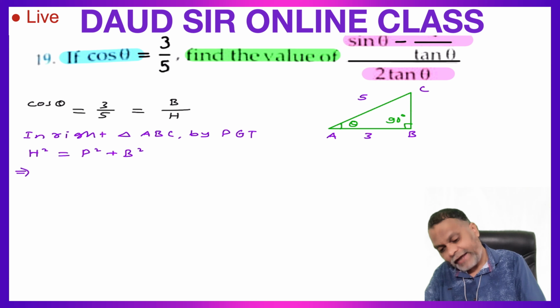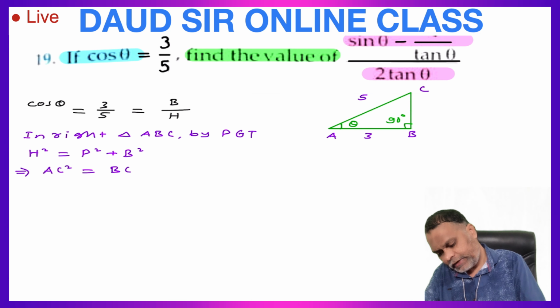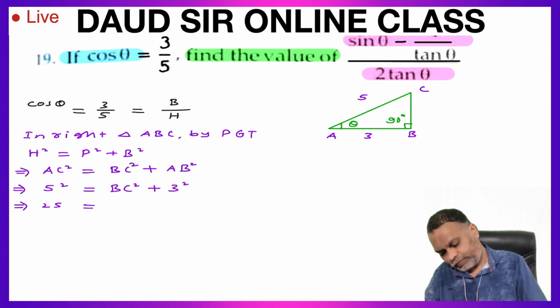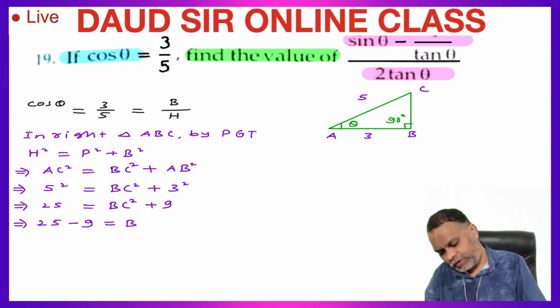Which implies AC square, hypo, is equal to BC square, perpendicular, plus AB square, base. So 5 square is BC square plus 3 square. 5 square is 25, 3 square is 9, shift this 9: 25 minus 9 is equal to BC square.